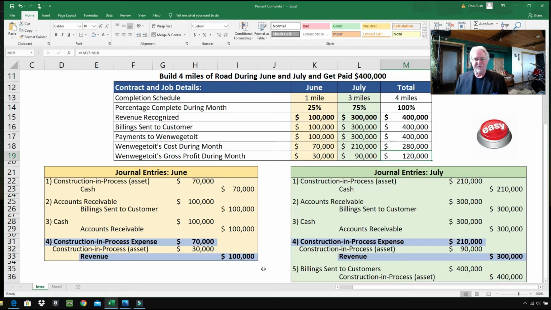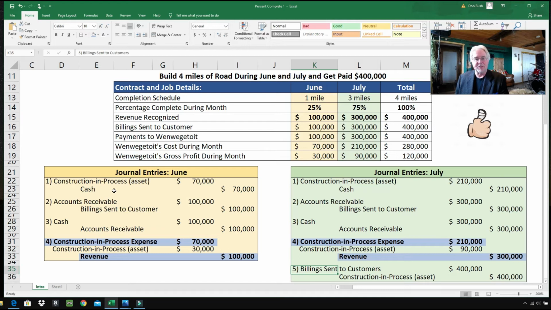It's finished, and so this 5th entry here, we only do this when the project is complete. And what we're doing is we're closing out the project, and I won't go into detail here because I'm trying to just get you the general idea today. So all of the numbers are going to come off our chart. It's easy.